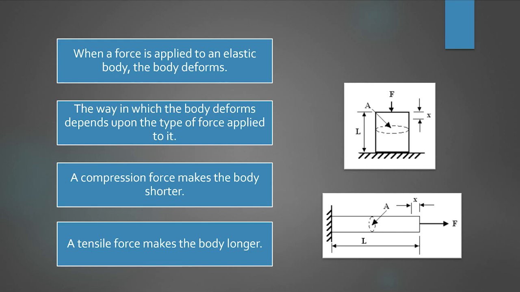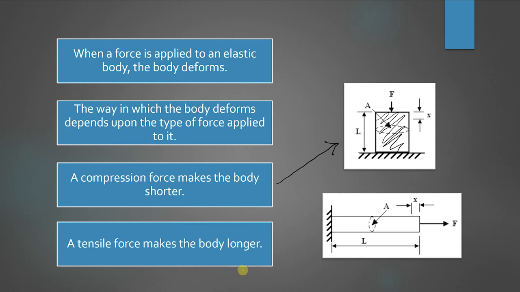So the compression force, as you see here, will make the body shorter. If, let's say, your object is like this and you put a force on top of it, and it has an elastic characteristic, then this object will deform, it will compress and become shorter.